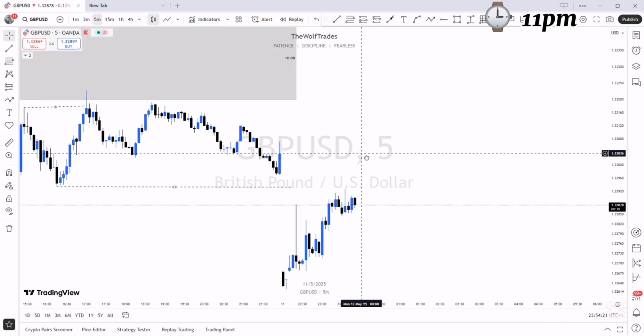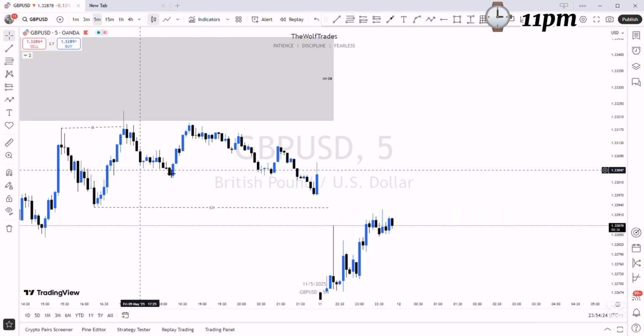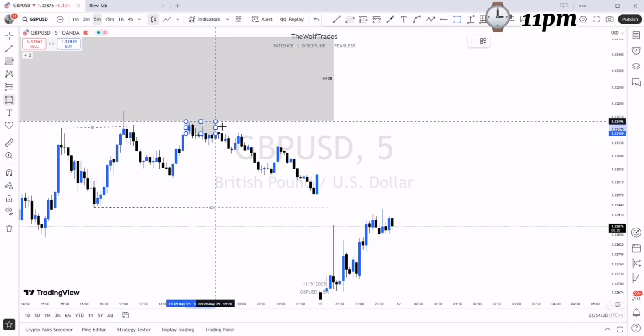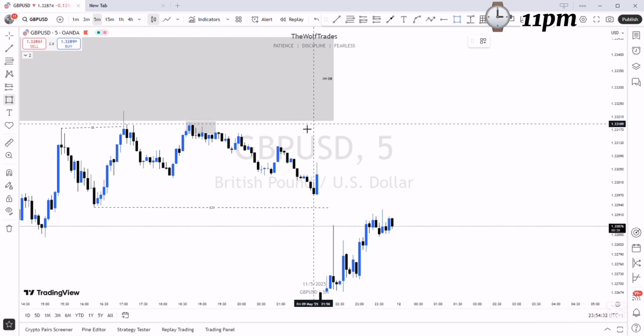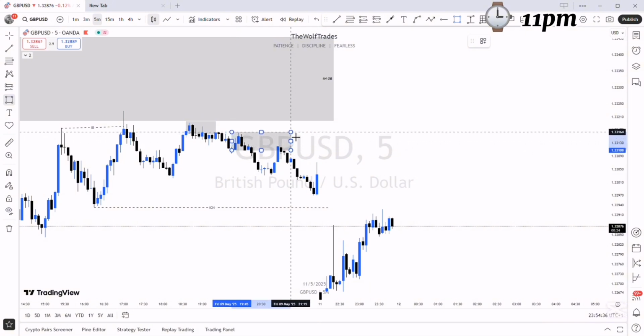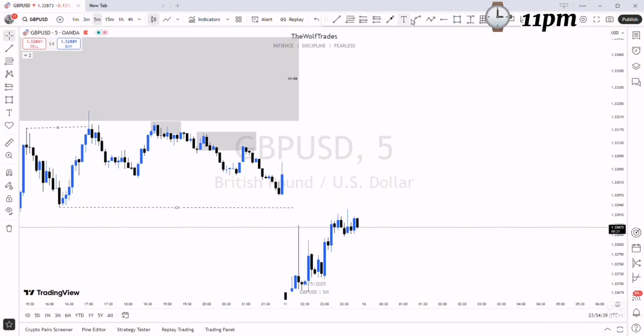Alright, so we are back. So let's see. So that other block has been mitigated. This other block has also been mitigated. So this is the unmitigated order block right now.